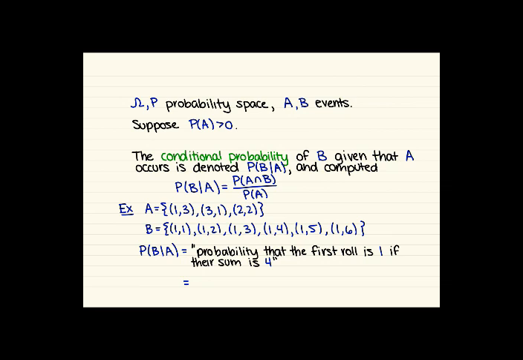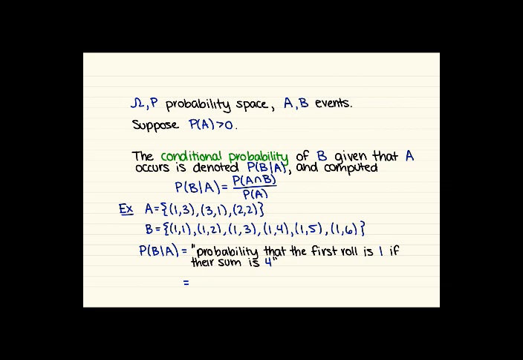So for example, looking at these two sets, A is the event where the sum of the rolls is 4, and B is the event where the first roll is a 1. Then the probability of B given A is the probability that the first roll is 1 if their sum is 4. So if we know that the sum is 4, what's the probability that the first roll is 1?